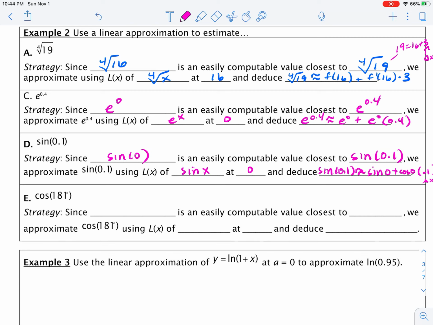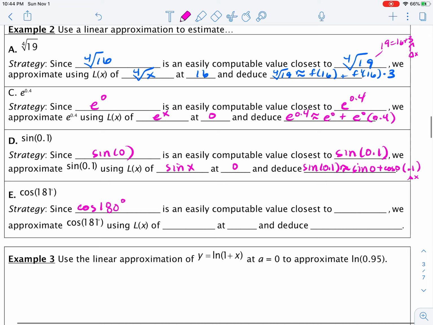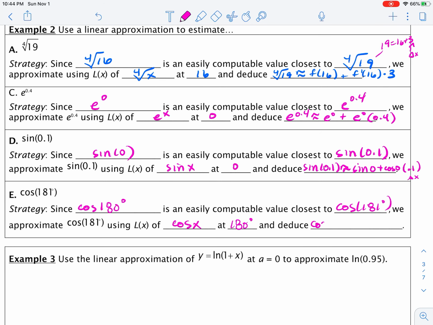So I think you get the idea. Again, cosine of 181 is very close to cosine of 180. Since cosine of 180 degrees is an easily computable value closest to cosine of 181, we can approximate the cosine of 181 using the linearization of cosine x at 180 degrees.